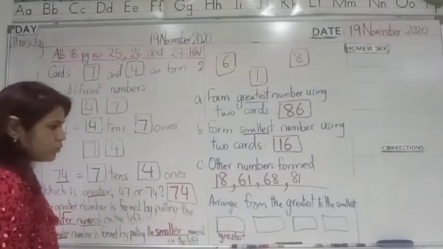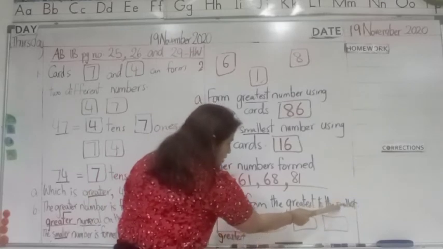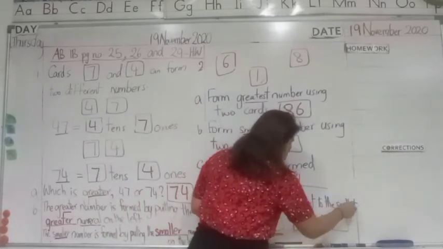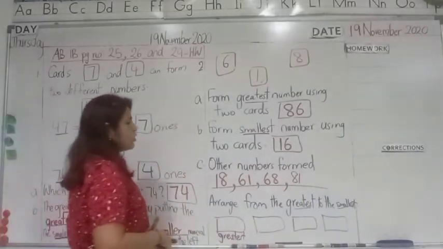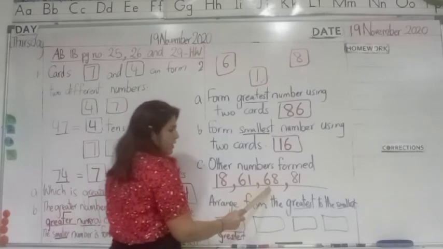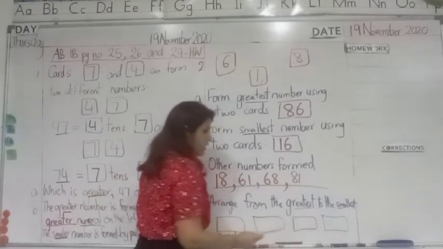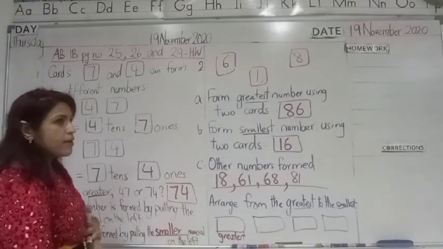Now what they are asking you to do, arrange the numbers from the greatest to the smallest. Alright, which numbers are you going to use? You are going to use these 4 numbers and write the greatest to the smallest. What is the rule of getting the greatest number?